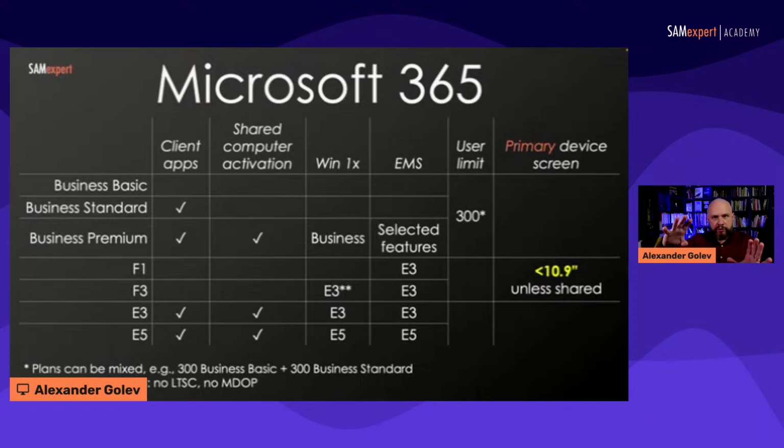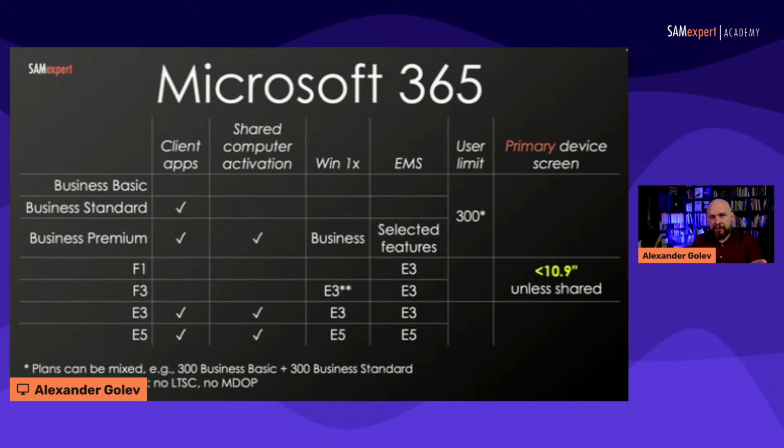I can use that plan. But if my primary device is, for example, this computer that I have here with a 24 or 26 inch monitor, and I'm the only user of this computer, and that is my primary computer, I may not use F1. That will be non-compliant. How do you track it is a different question.